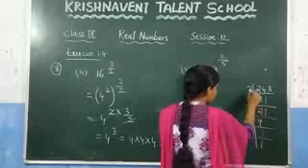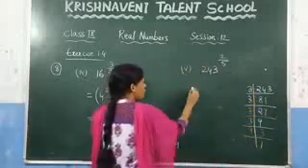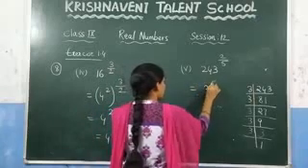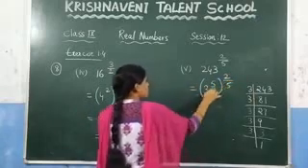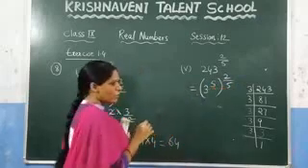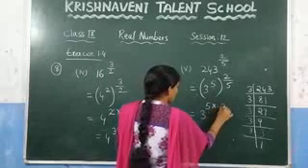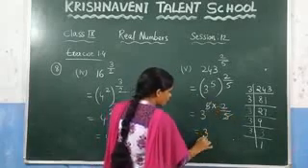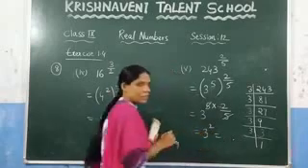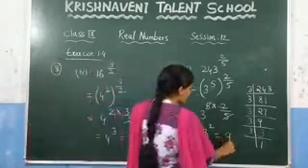How many times is 3 repeating here? 1, 2, 3, 4, 5. Now you can write 243 as 3 power 5 whole power 2 by 5. It is in the form of a power m whole power n, and you can write this as a power m into n. And this 5 will get cancelled. You will get 3 square. You know that 3 square is nothing but multiplying 3 two times, which is 9.